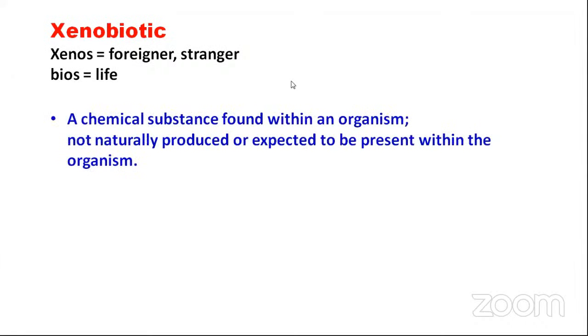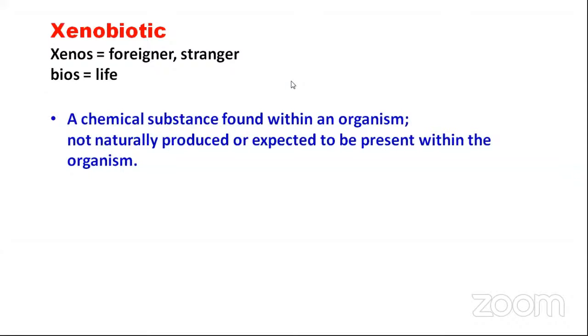A chemical substance, how is it defined? A xenobiotic is a chemical substance found within an organism that is not naturally produced inside the body or expected to be present within the organism. In other words, an extraneous, outside origin.